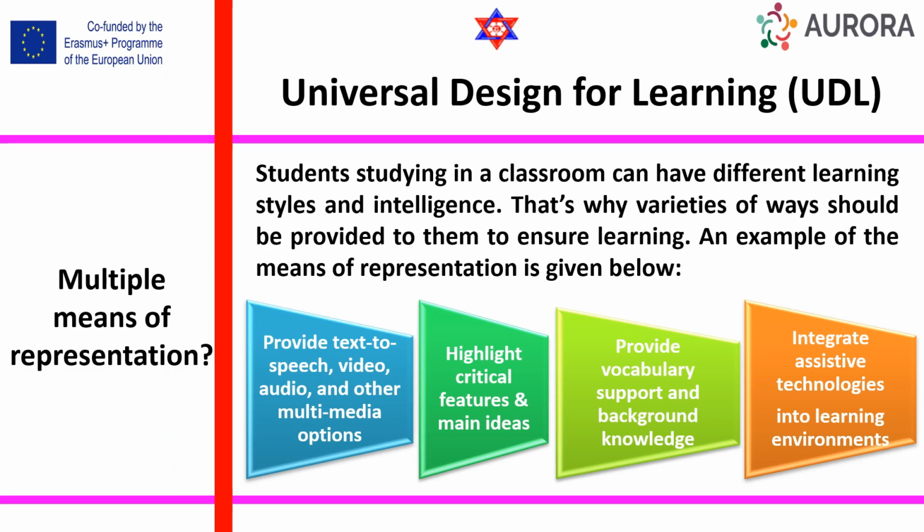Under the principle of multiple means of representation, students are presented with a diverse range of resources through which they can acquire and comprehend information. Each individual student has their own learning style and unique cognitive strength.